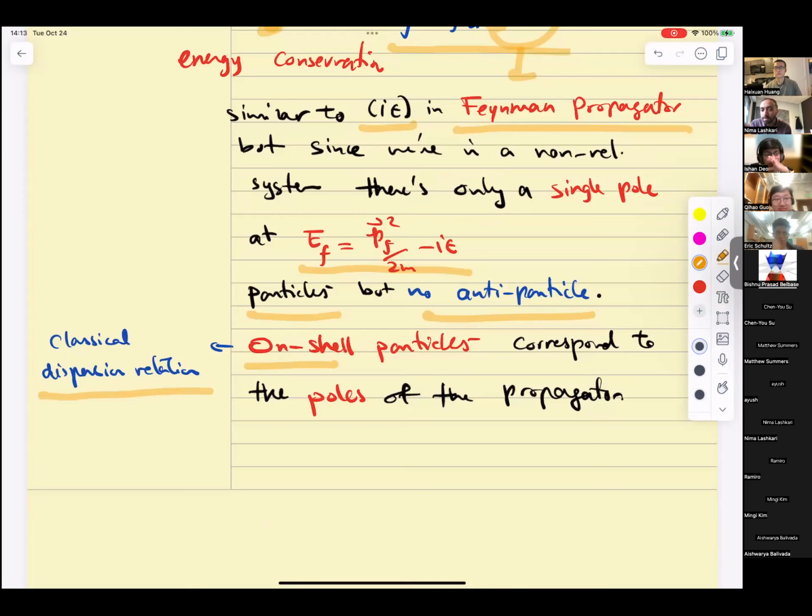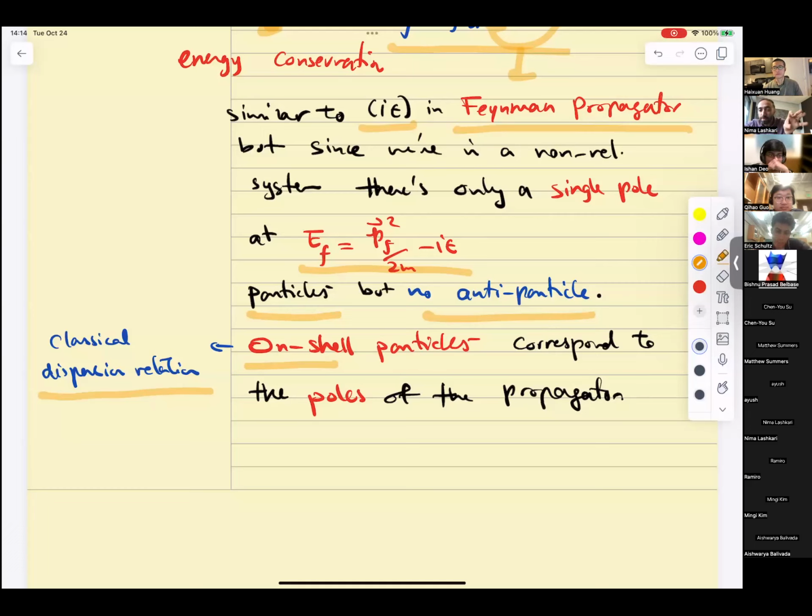That's the lesson. If somebody comes to you and says, I have some sort of a funky theory that produces these propagators, and you want to know what are the particles propagating in this theory, you take that propagator, Fourier transform, and go to momentum and energy space. It better satisfy energy and momentum conservation. That knocks off a bunch of variables. The remaining piece will be basically 1 over something.